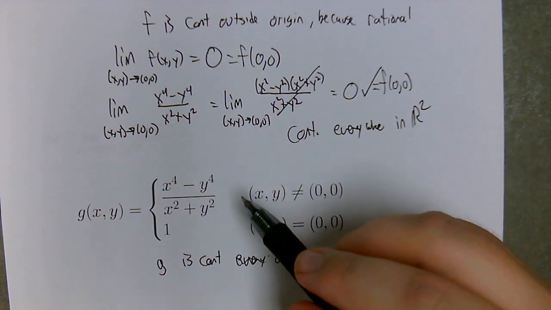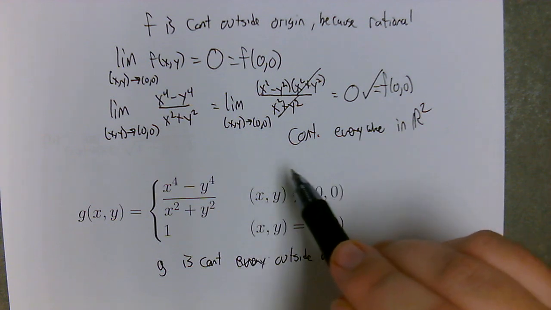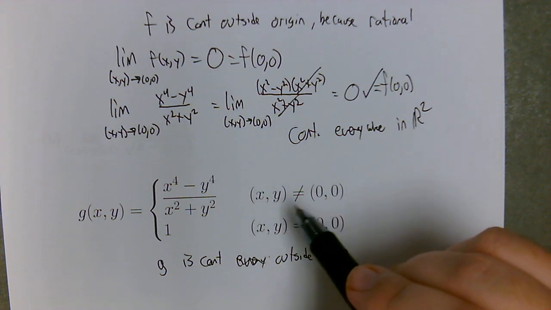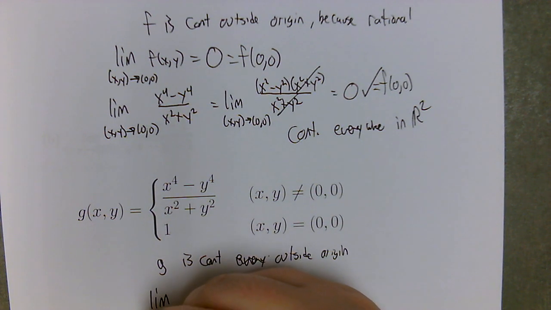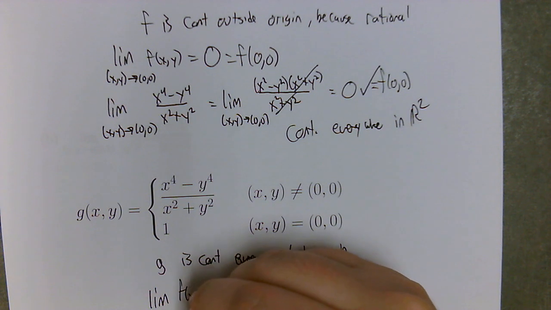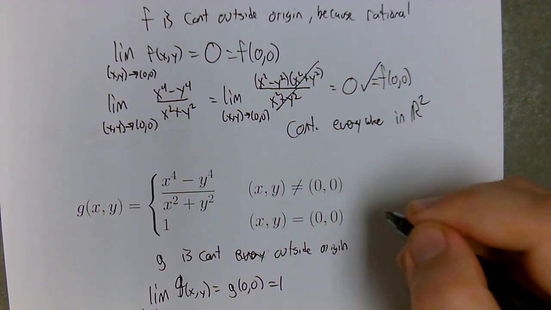Well, it's for the same reason that we had last time. This is a rational function, and its denominator will never be 0 as long as we're in this region here. Now, we need to do the same thing that we did before. We need the limit as (x, y) goes to (0, 0) of our function, or sorry, we're using g this time, to equal g of (0, 0), which is 1.